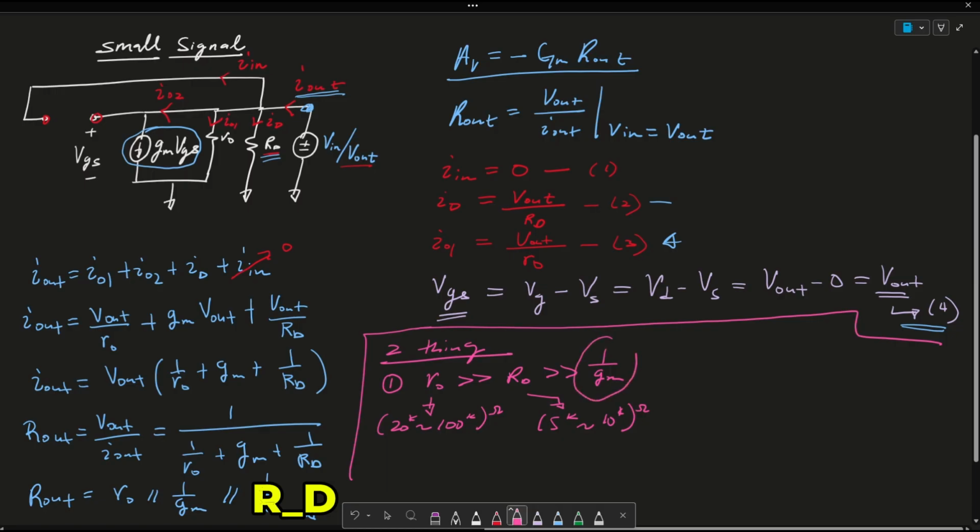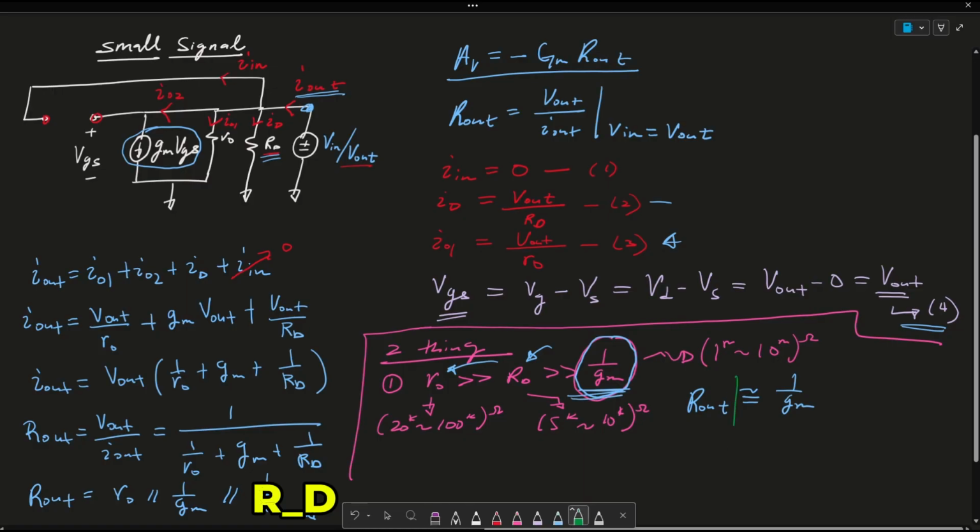And this 1 over GM can range from 1 milli to 10 milliohms. As a result, R out will be approximated to 1 over GM, because if you take a very small resistance and put it in parallel with a bigger resistance, you simply get approximately the smallest resistor.